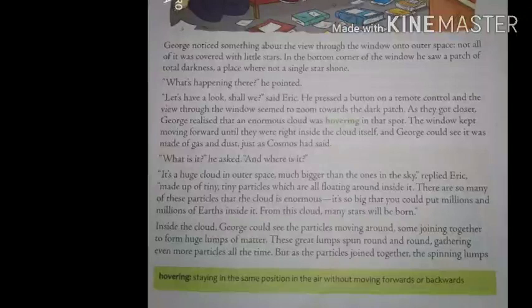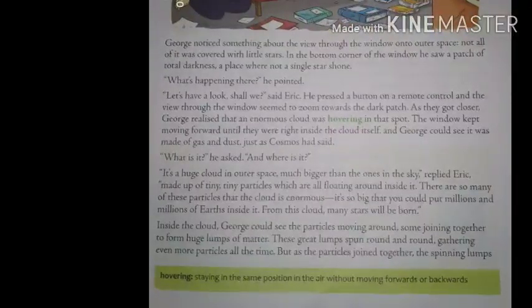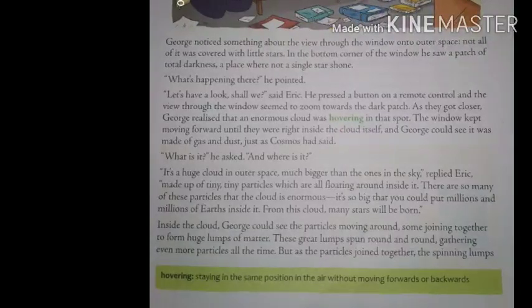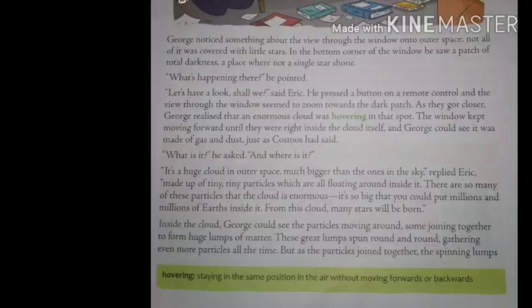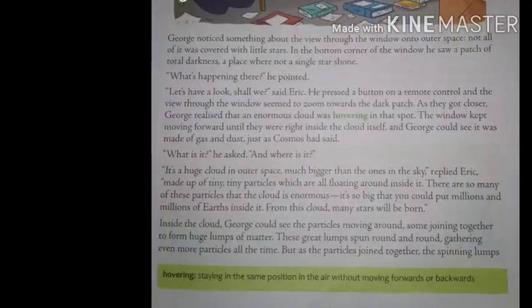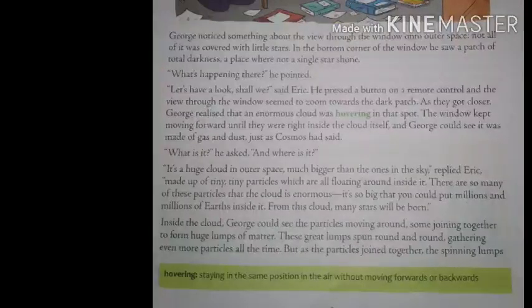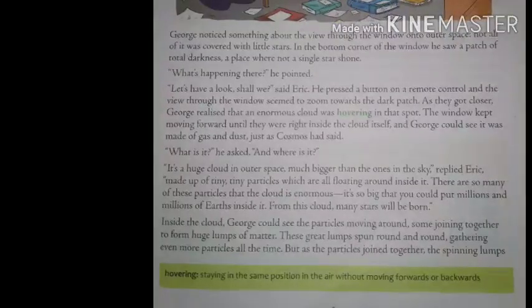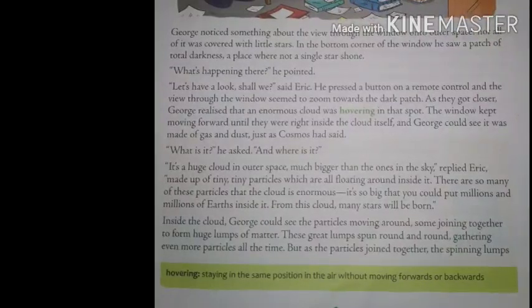Inside the cloud, George could see the particles moving around, some joining together to form huge lumps of matter. Lump means a special type of matter or substance, like a chair type of thing. These great lumps spun round and round, gathering even more particles all the time.